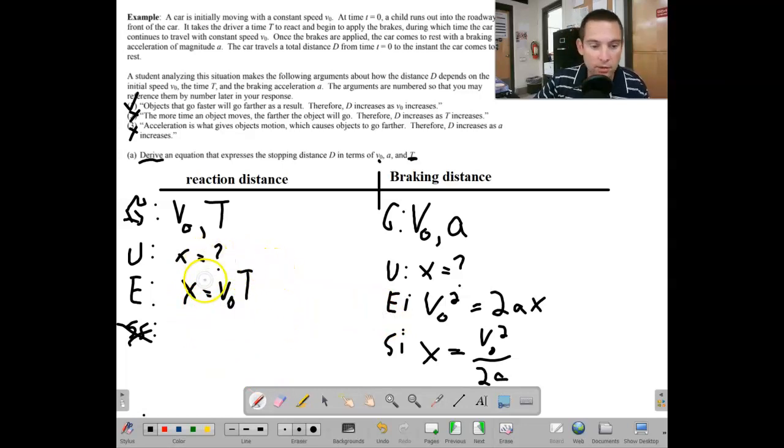So we have two x's, which is not great because they represent two different things. So I'm going to write a little subscript here for reaction distance, and a little subscript here for braking distance. Yes, they are both distances, but we've got to keep them separate.